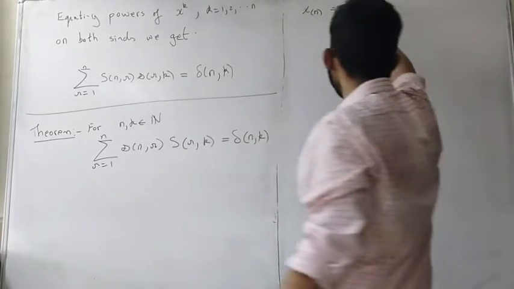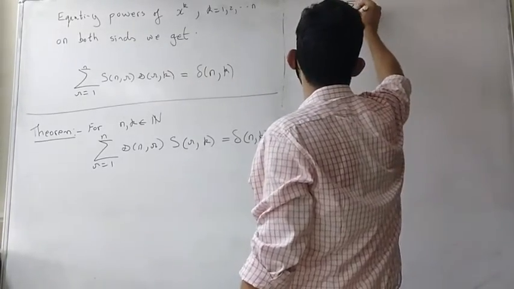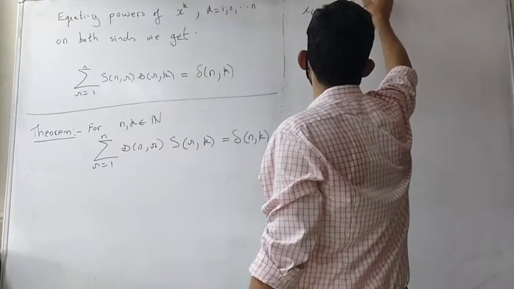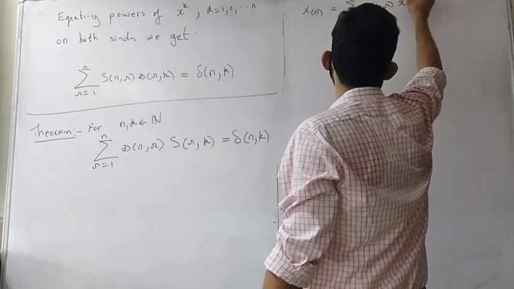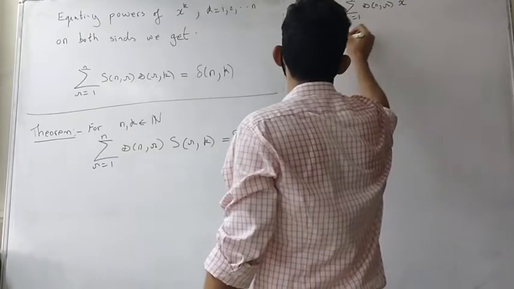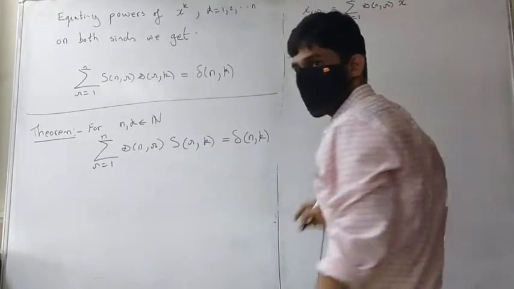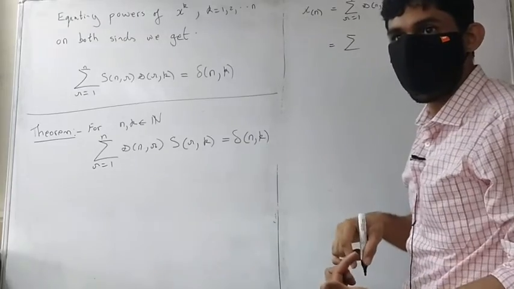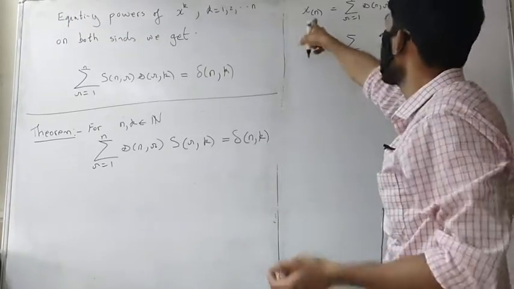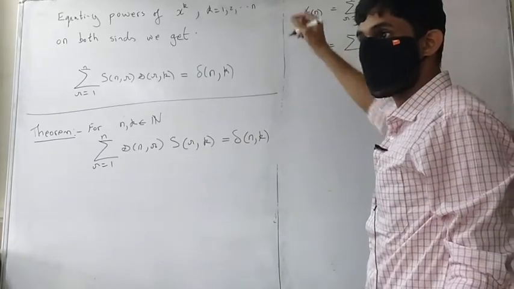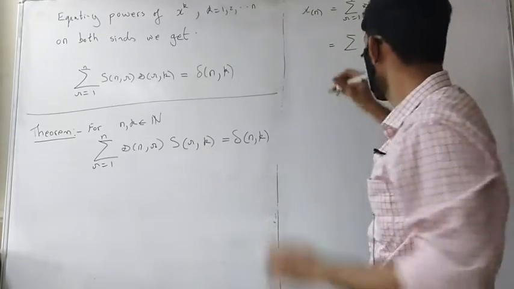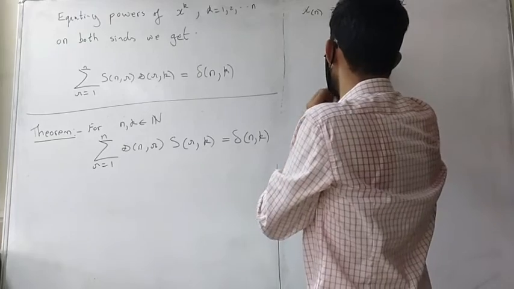Okay, we know that this is nothing but summation r going from 1 to n, small s n comma r x raised to r. Then we represent this in terms of the falling factorial. Same idea. I'm going to use the fact that these form a basis. That's what I'm going to use.